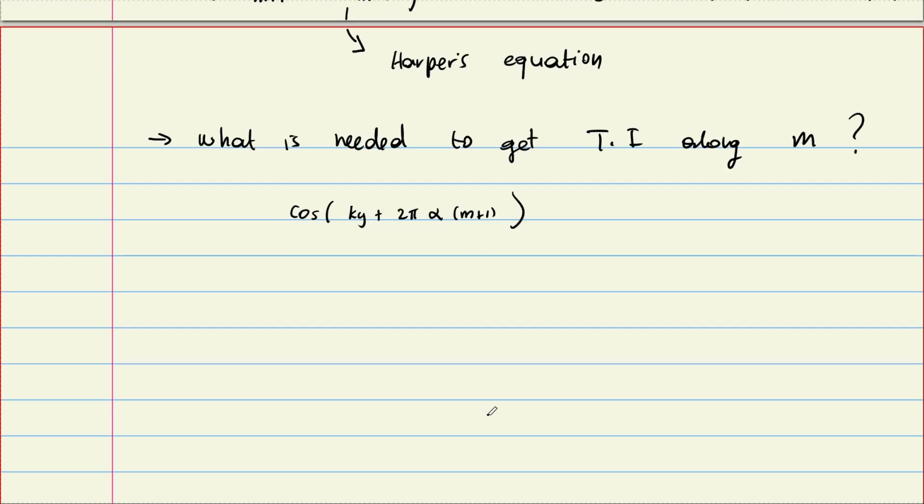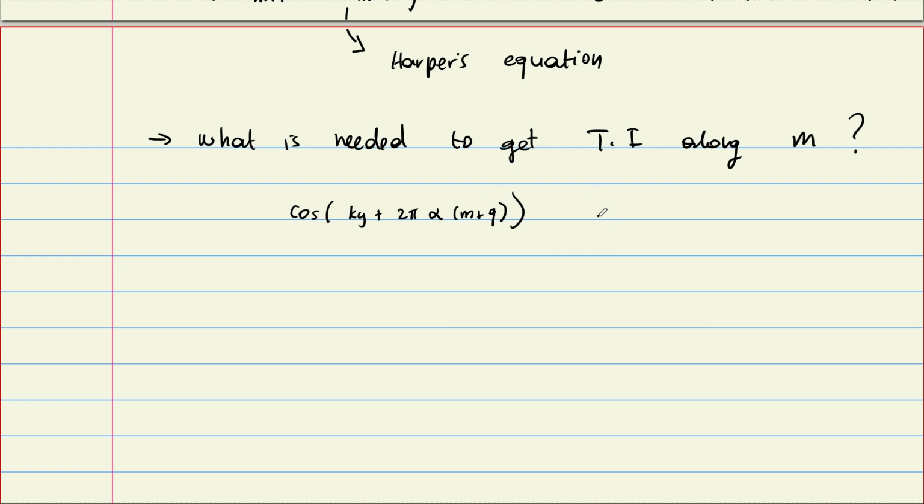But nobody tells me to get one unit cell. Maybe with 1 unit cell there is no translational invariance. If I go 2 unit cells, that's maybe the case. Maybe it is 3 unit cells. So the most general thing I can do is to say that if I go q unit cells, I come back to myself.